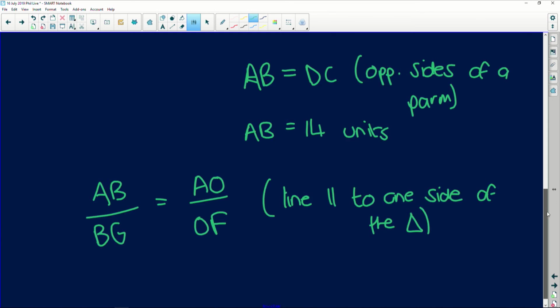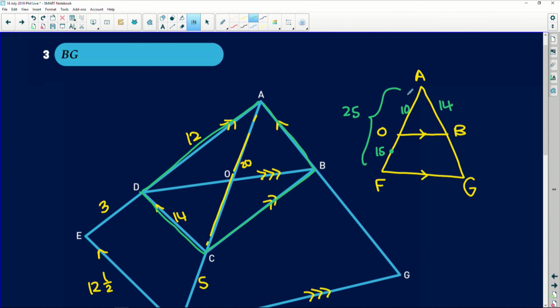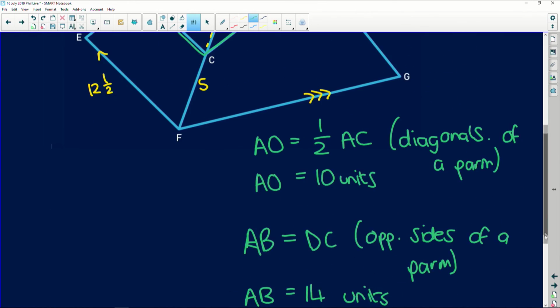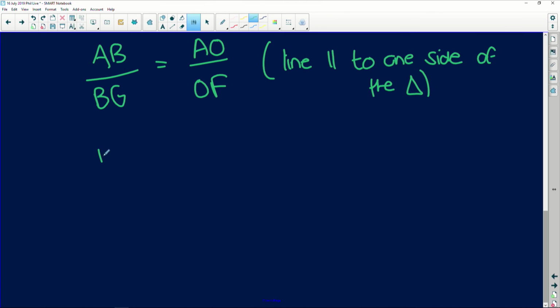Okay, so we're trying to find BG. We know that AO and OF are 10 and 15, and AB is 14. So we get 14 over BG is equal to 10 over 15.